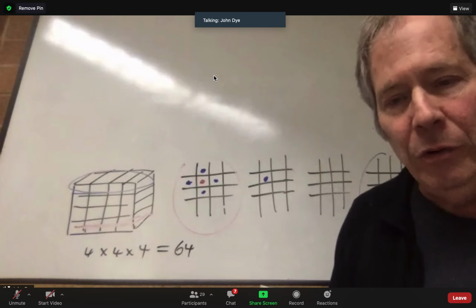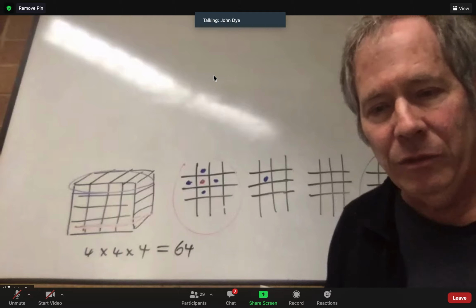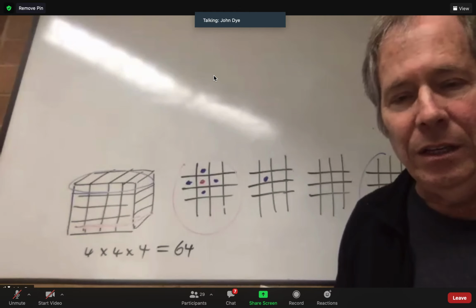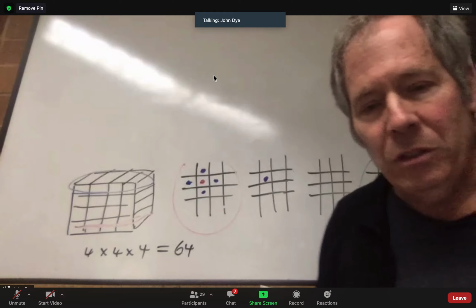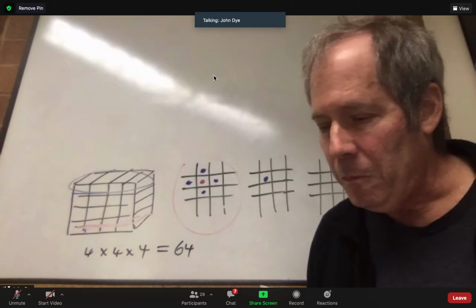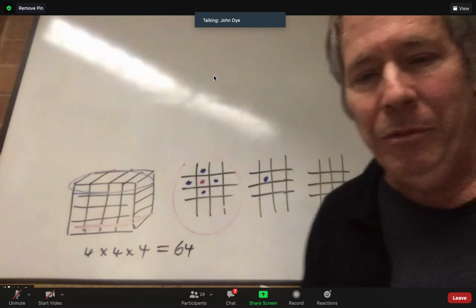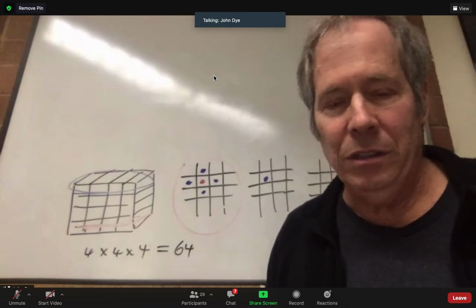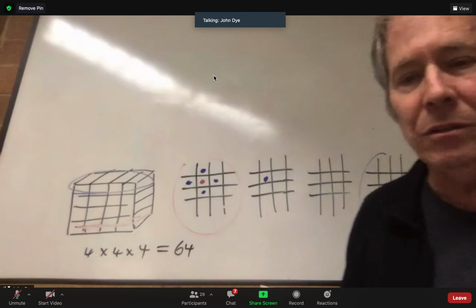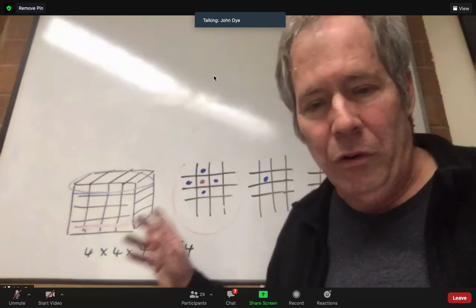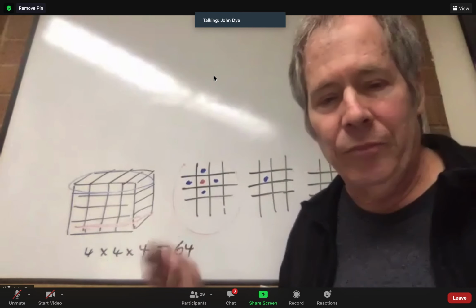Ever since this game was invented, which God knows how long it's been around, 100 years, maybe more, the question was always in the back of people's minds: if you go first, can you force a win? That shouldn't surprise people, because in chess, I think if you move first, you have an advantage. It's hard to prove, but it seems like it's true.